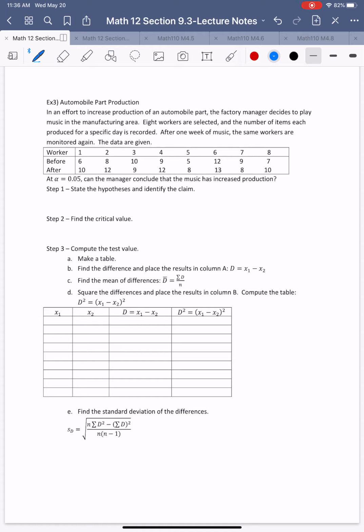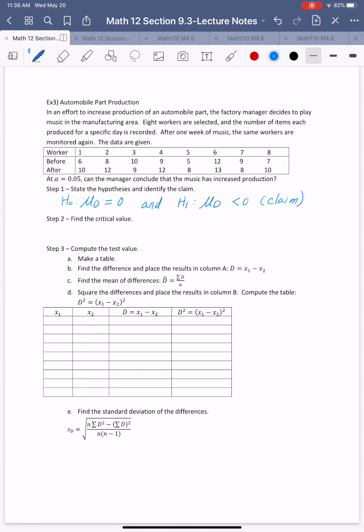Okay, so H0: mu D is equal to 0. And then H1: mu D is less than 0, which is the claim.